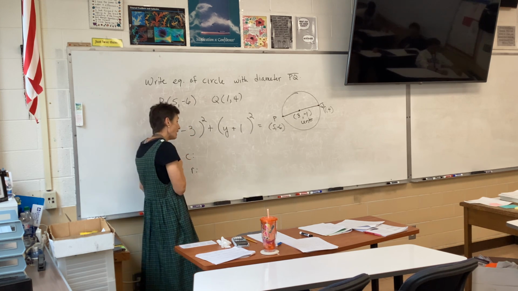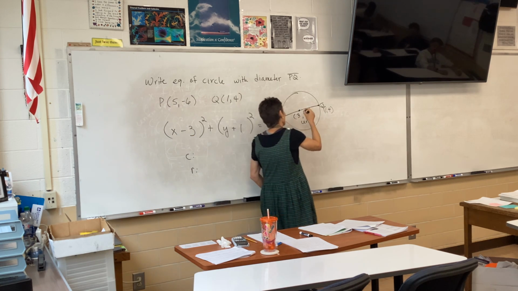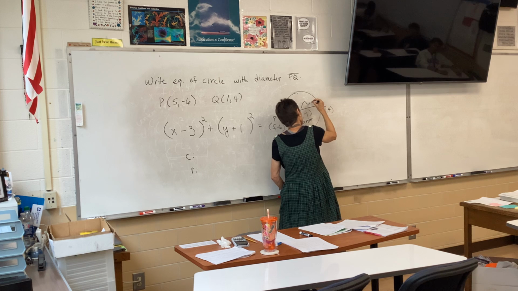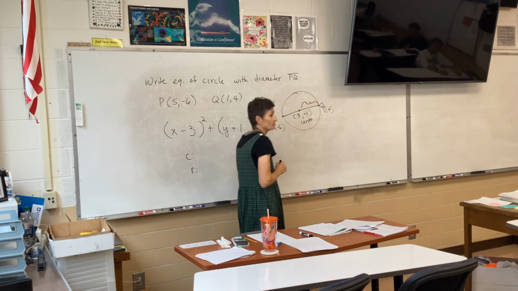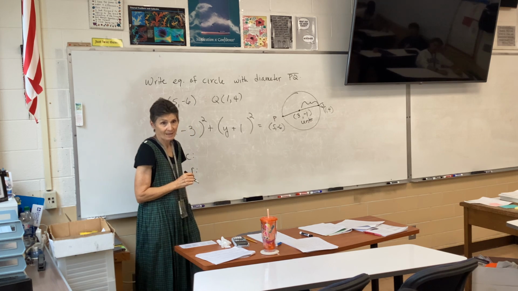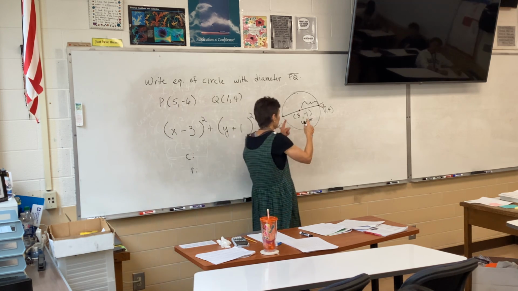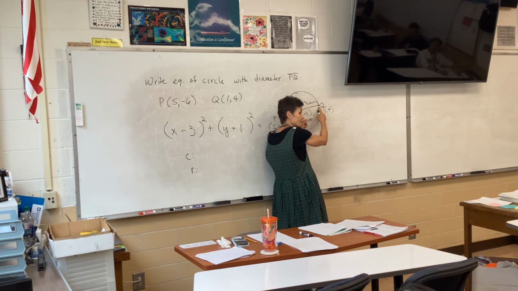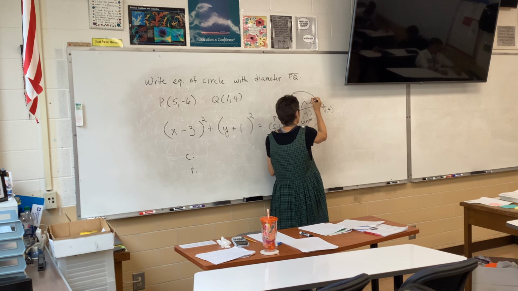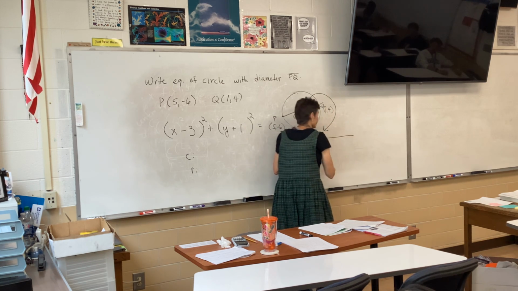Okay, now I need my radius. Would you agree that this would be a radius? Yes. So I have to figure out how long that is. In other words, I need to know what the distance is from here to here. So to do that, I'll do my distance formula.